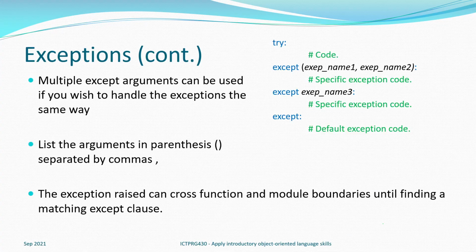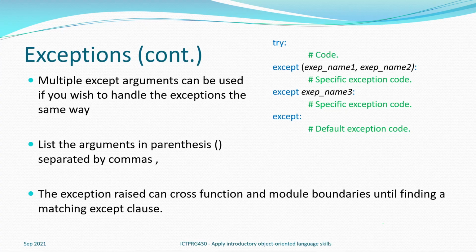So when you write your try and except branches, you want to put the most specific statements first and then the generic ones last, as it will find a match, then execute the matching code, and it won't search any further.